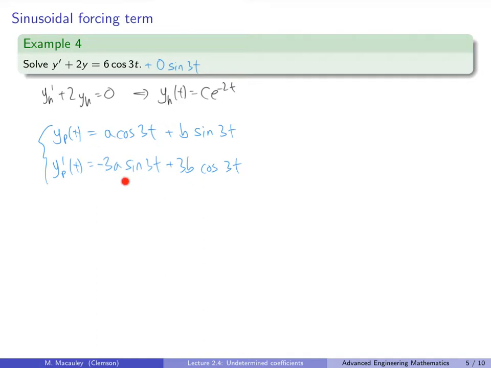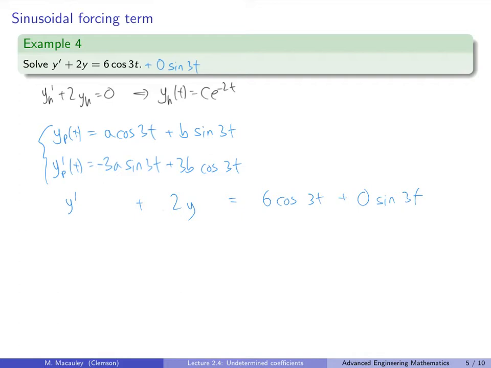So now if we plug this into the left-hand side, we're going to get some number of sines and some number of cosines. And we have to set that equal to 6 cosines and 0 sines. And that's two things. And look, we have two unknowns, a and b. So this should work. So let's plug this back in and let's check. So y prime plus 2y equals 6 cosine of 3t plus 0 sine of 3t.